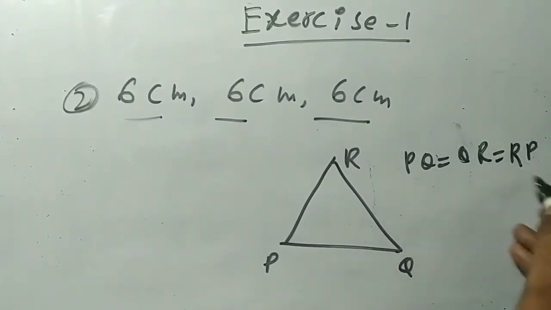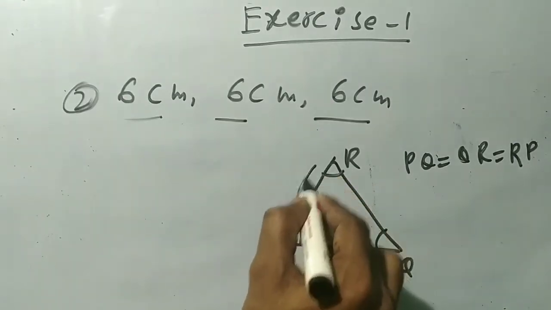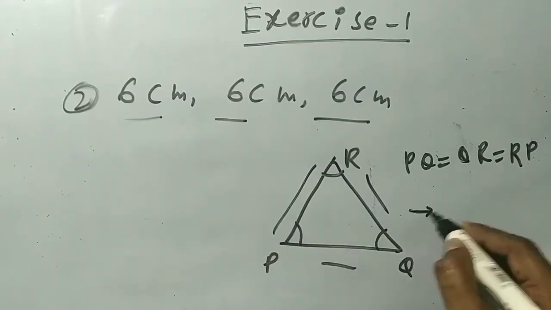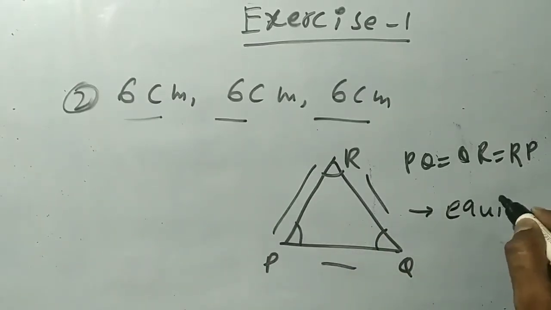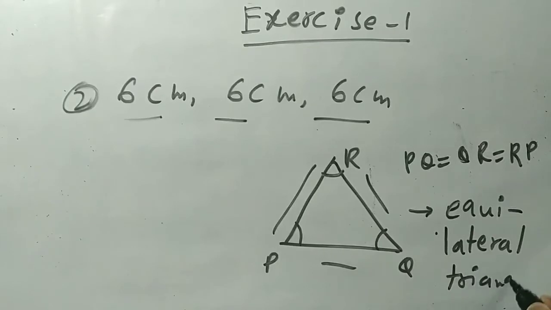So these 3 sides are equal, and it makes an equilateral triangle. We know that equilateral means equal lateral, equal on all sides.